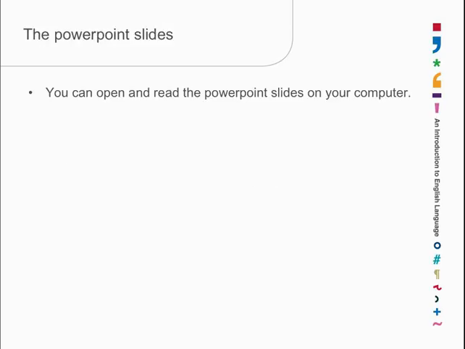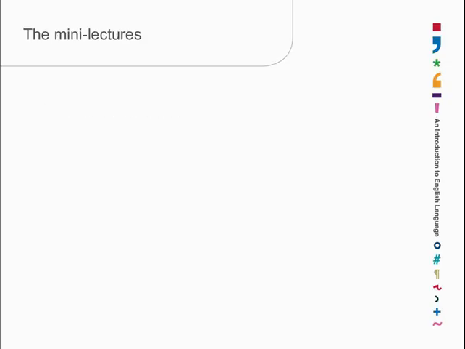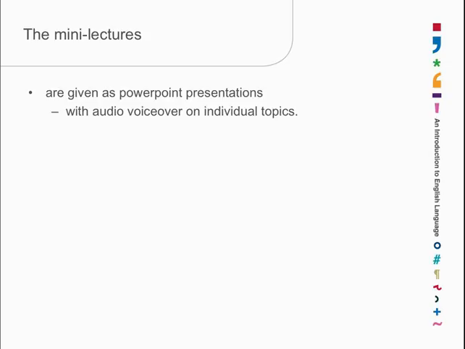You can open and read the PowerPoint slides on your computer by logging into the Palgrave Macmillan companion website. You can print them out. These little mini lectures are given as presentations with an audio voiceover.